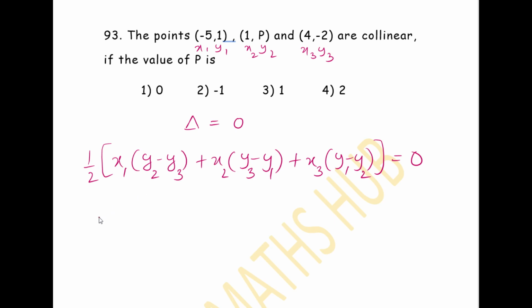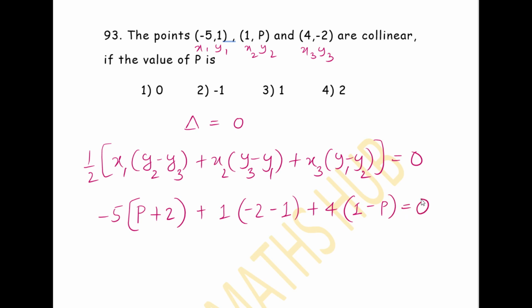Now what is x1? x1 is minus 5. What is y2? y2 is p, minus y3 is minus of minus 2, we get plus 2, plus what is x2? x2 is 1, y3 is minus 2, and y1 is 1. What is x3? x3 is 4, y1 is 1, minus of y2 is p, equals 0.